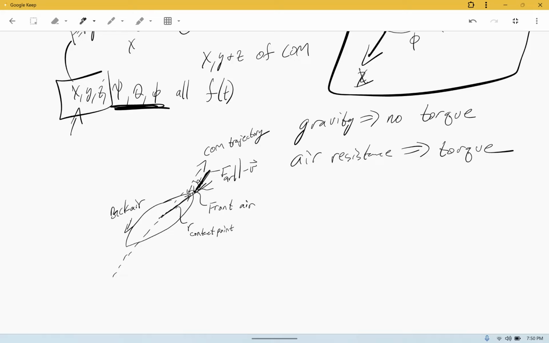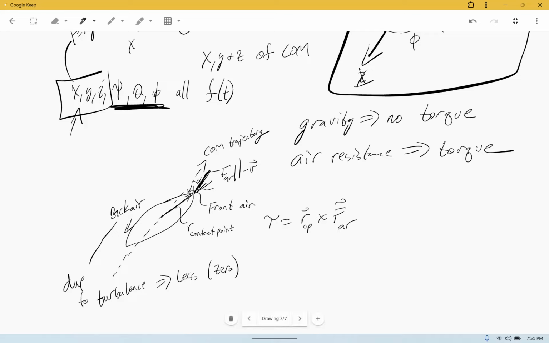And there's going to be a torque equals r contact point cross F air resistance out front, and I'm not going to undo it on the backside, because I'm going to claim that the back air, due to turbulence, is less, or basically I'm going to say 0. So I'm going to put all of the torque on the front and see if I can get this to work. But still, this is nasty.